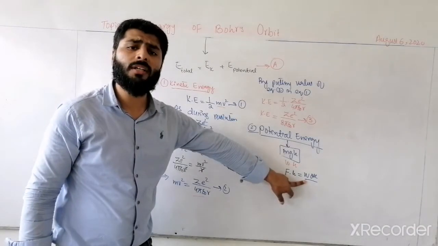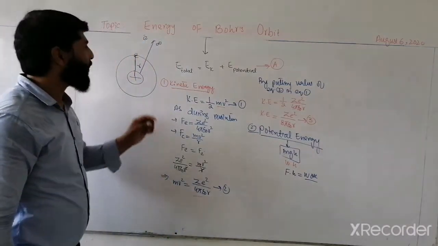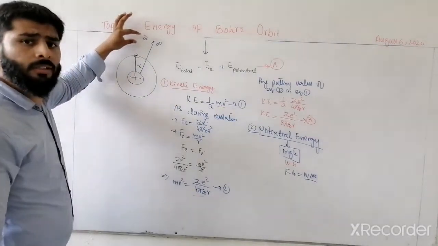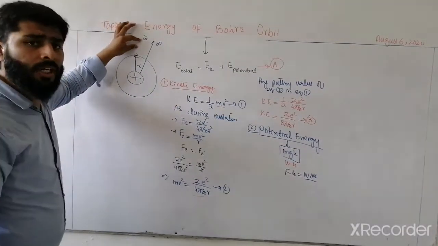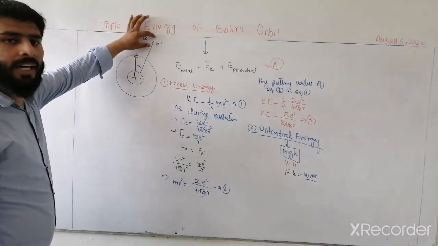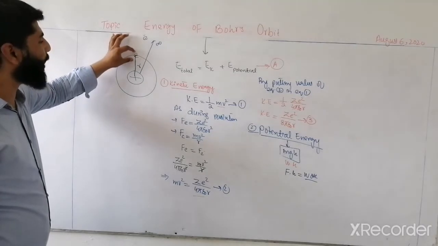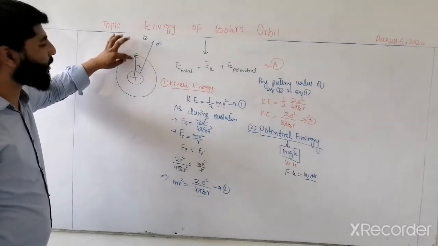So how can we define potential energy? We can define potential energy as work done in bringing a unit negative charge from an infinite distance to the focus of the nucleus at a distance of r, which is the radius of this circular path.